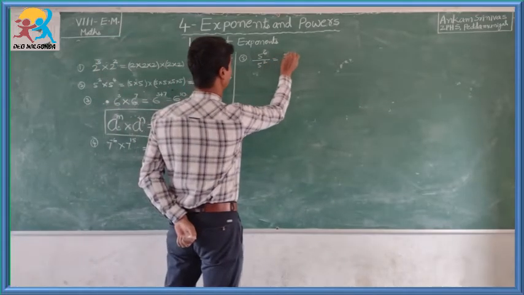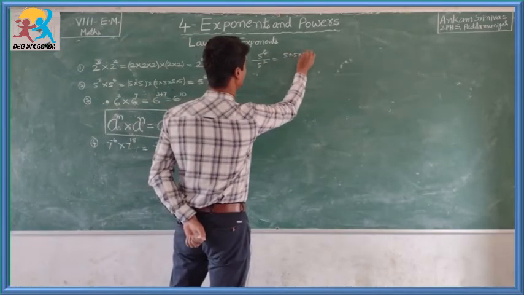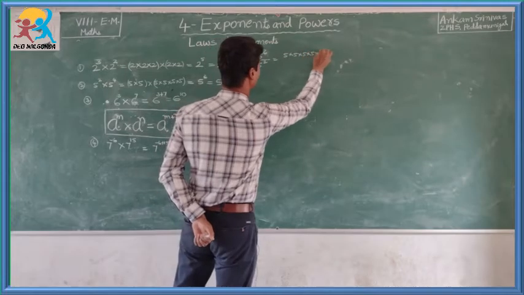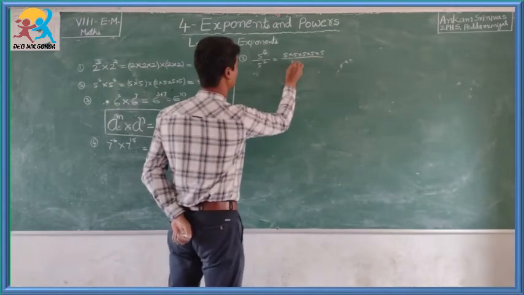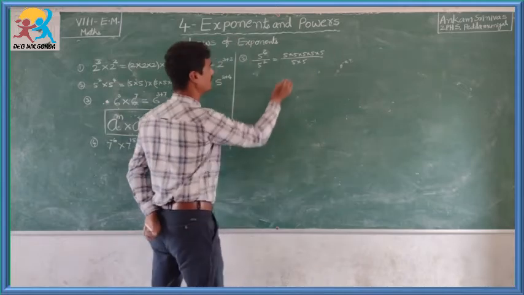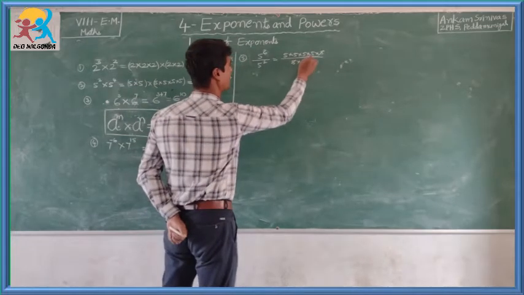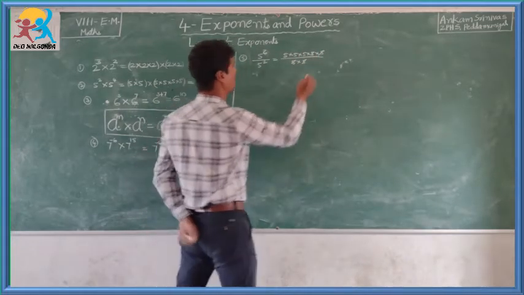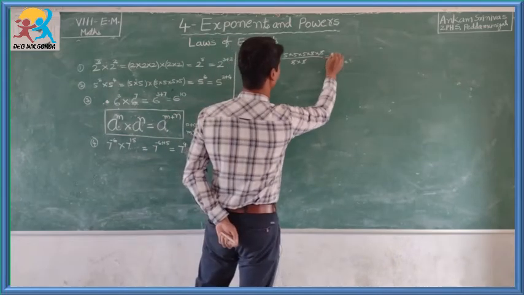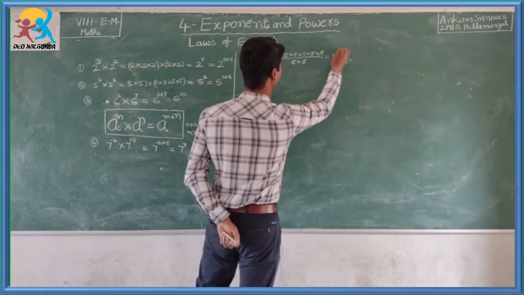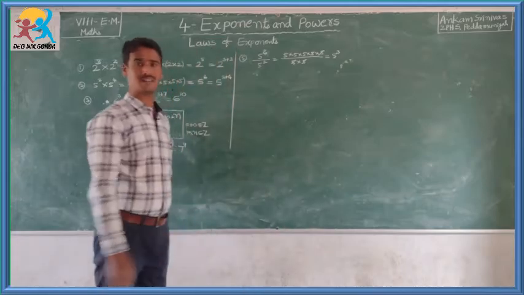Now here 5 into 5 into 5 into 5 into 5 into 5 by 5 into 5. And the 5s can be cancelled, two 5s are cancelled. Remaining here 5 power 4. Yes or no?